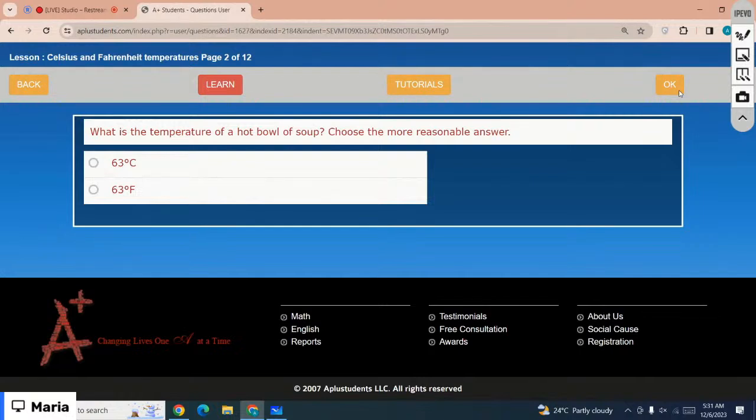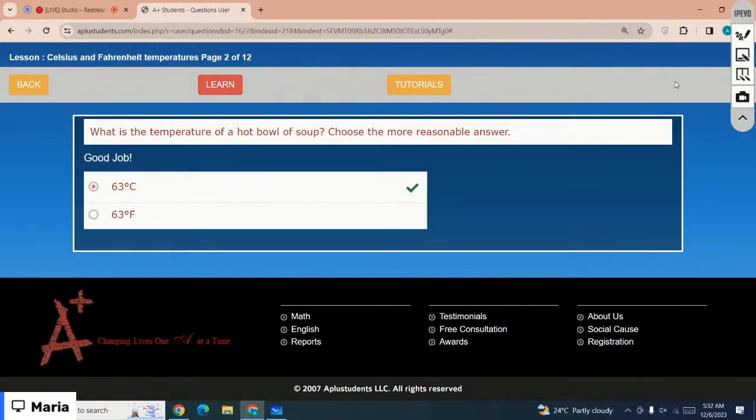Hot bowl of soup, right? That would be 63 Celsius, right? Because 63 Fahrenheit is far too cold, right?